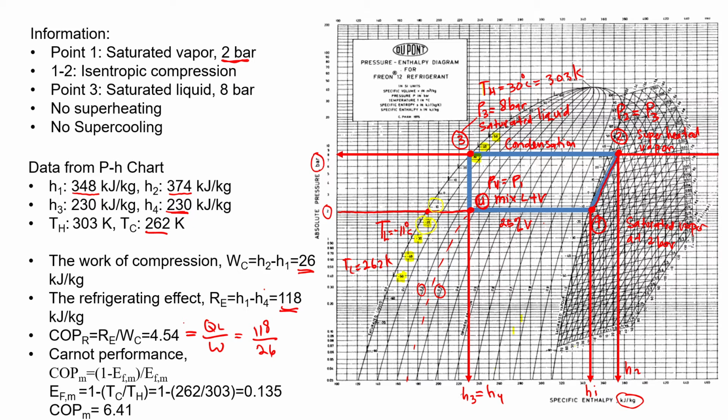And lastly, the Carnot performance. We need to find out the Carnot performance. The efficiency is 1 minus TL over TH. This is the Carnot performance. So for the coefficient of performance, we use this equation.